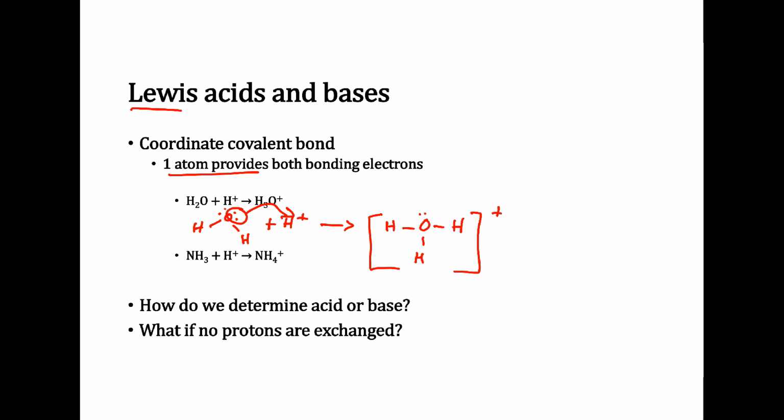So we can see right there that this is a coordinate covalent bond, and the electrons are only coming from the oxygen. Another example of this would be ammonia to form ammonium. We have ammonia, which is NH3, plus a proton, and this would end up yielding the ammonium ion.